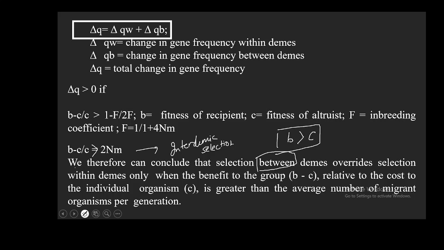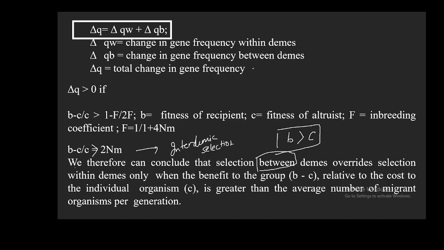And this is denoted by N. N is the average number of migrant organisms. So in that case, interdemic selection is going to occur.